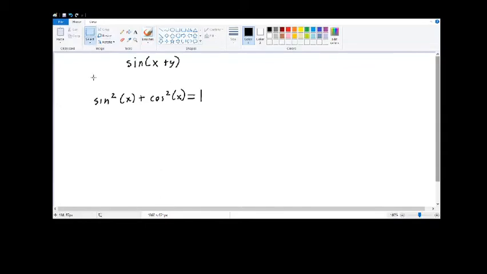But in this case, rather than adding together two separate functions, we are actually adding together two variables within a function. So we need to be able to recognize, one, what this ends up expanding to, as well as what it is that gives us this particular simplification.